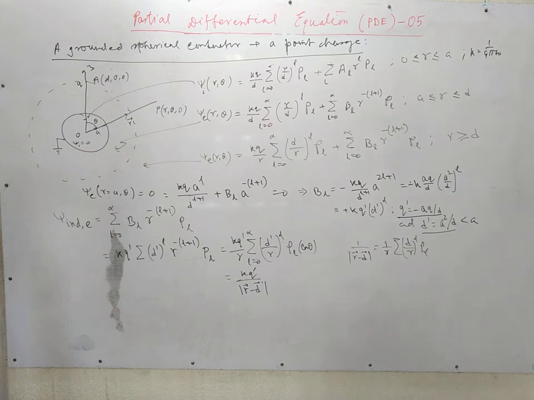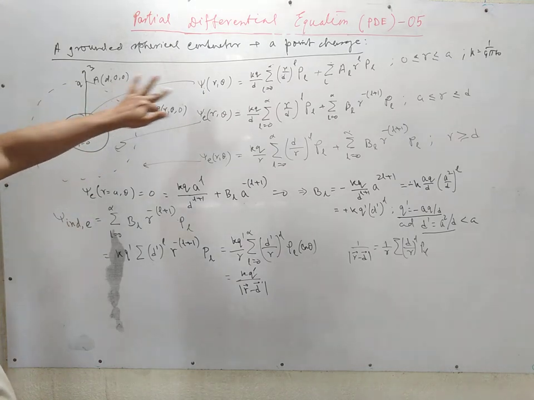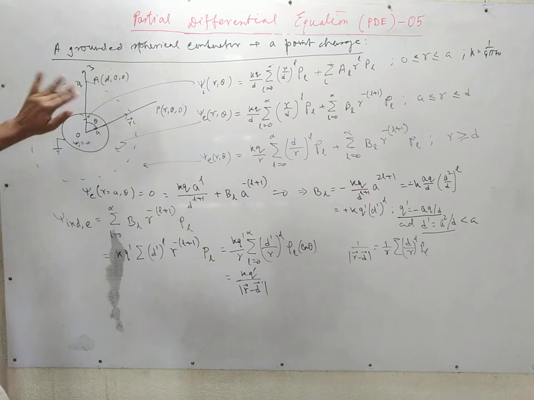If one wants to find the potential at an internal point, in this particular case it is 0, then we will see that even if the conductor is not a grounded one, if we want to find the potential at an internal region, then the image charge must be placed outside the sphere.